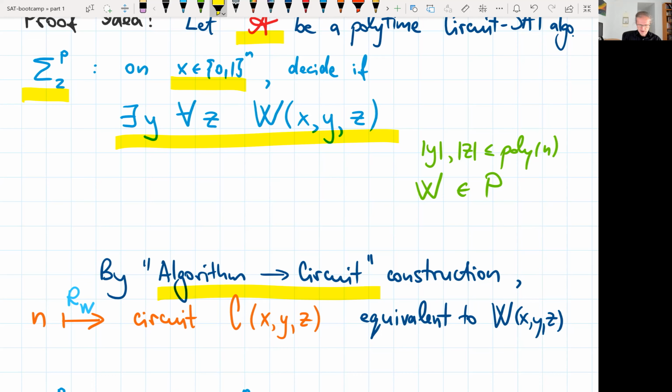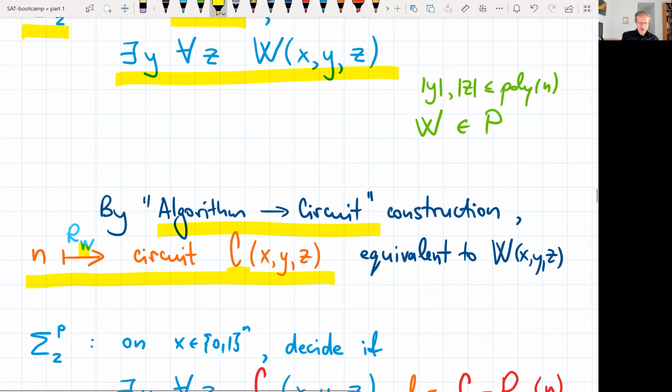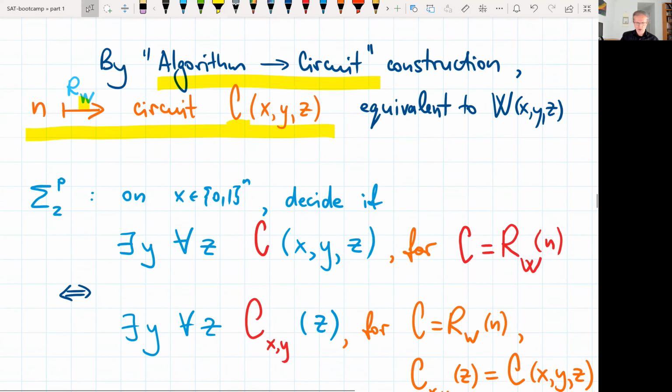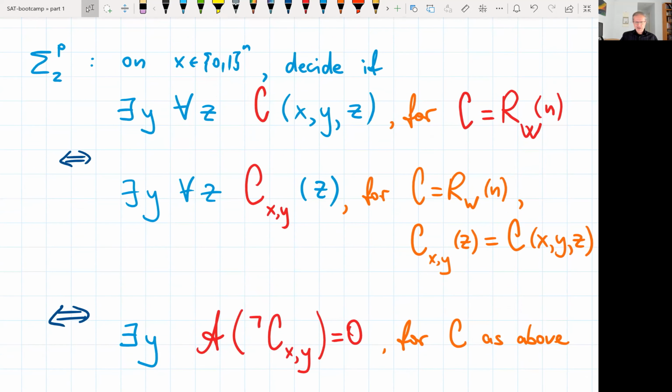So let's run this construction that, given W, spits out a circuit C, which is functionally equivalent to W on all inputs x, y, and z. This reduction R sub W can be done in polynomial time. Now we can just replace W with the functionally equivalent circuit C. So now we have the problem to decide if there exists y for all z such that circuit C on x, y, z is 1.